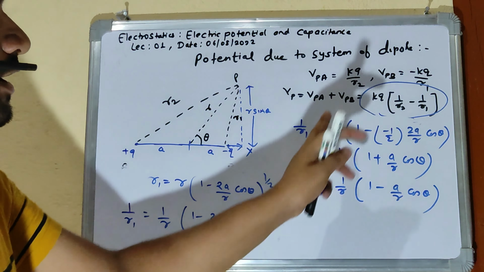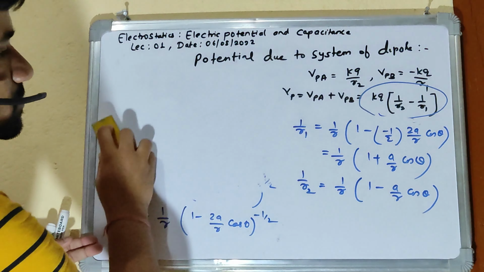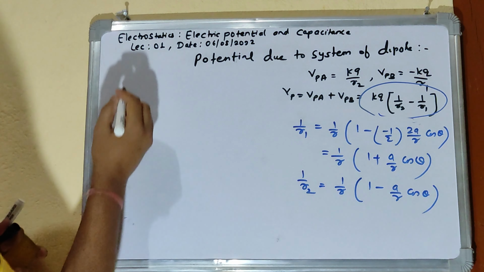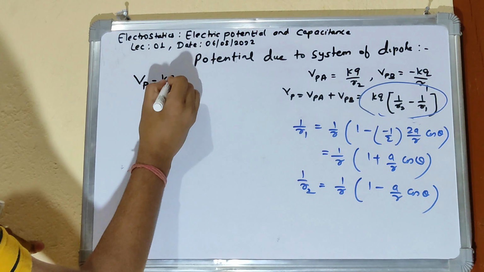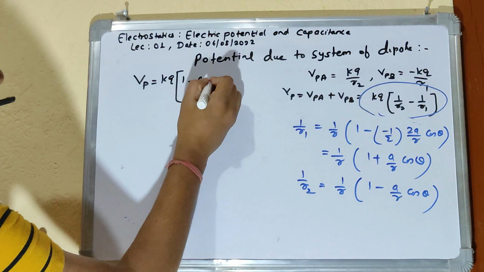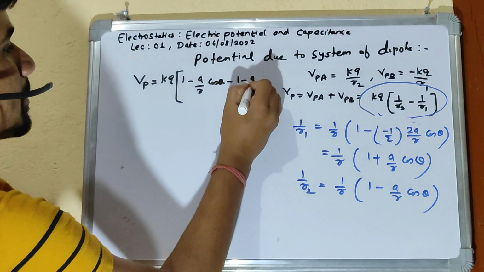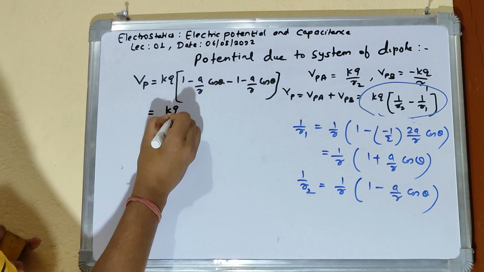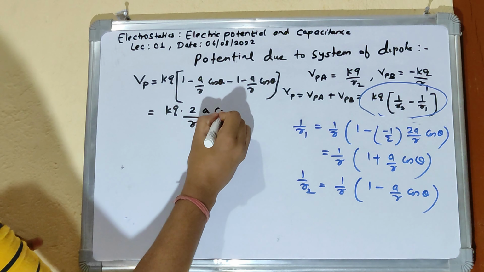Now can I place these two values in this particular expression of potential? Let's do that. So Vp, the potential at P, equals KQ times 1 by R2, which is 1 minus A by R cos theta, minus 1 by R1, which is 1 plus A by R cos theta, divided by R. So this is nothing but KQ into 2A by R cos theta.